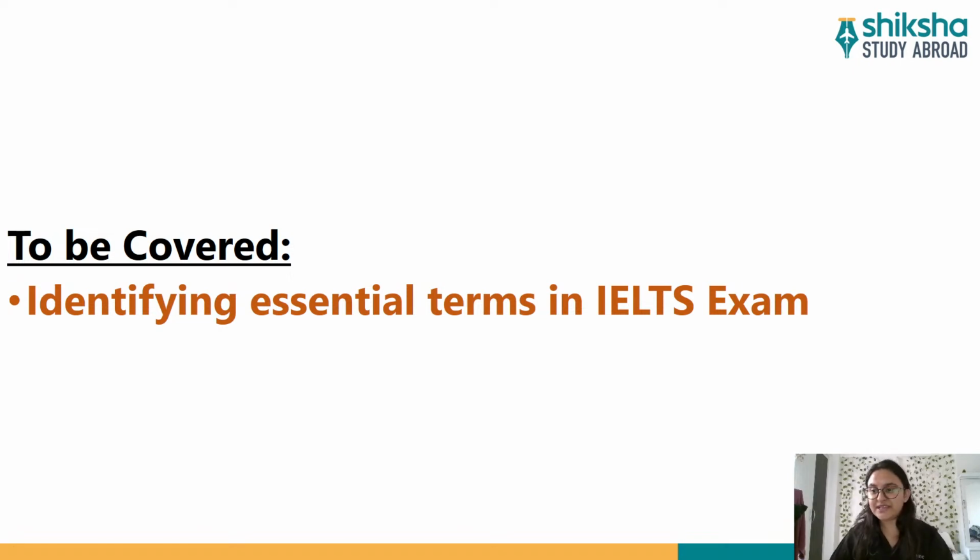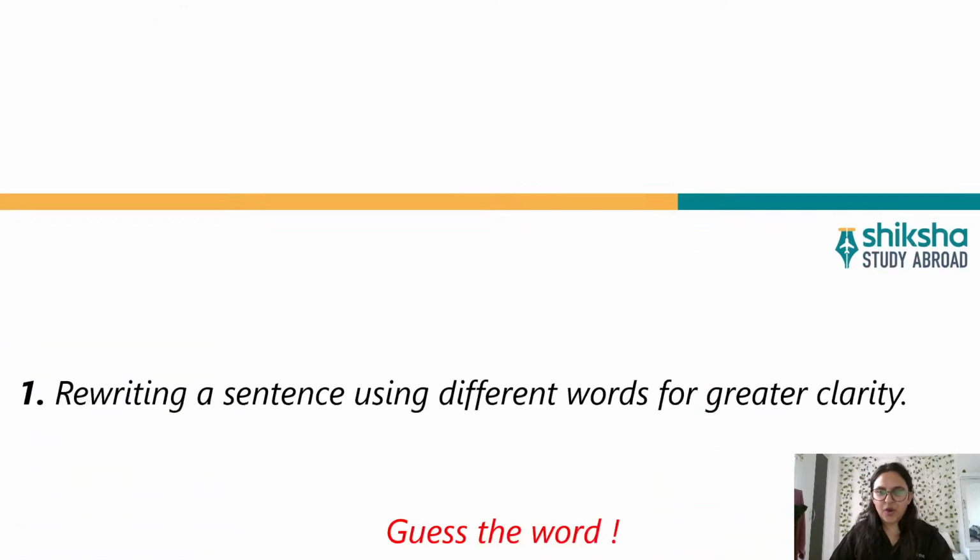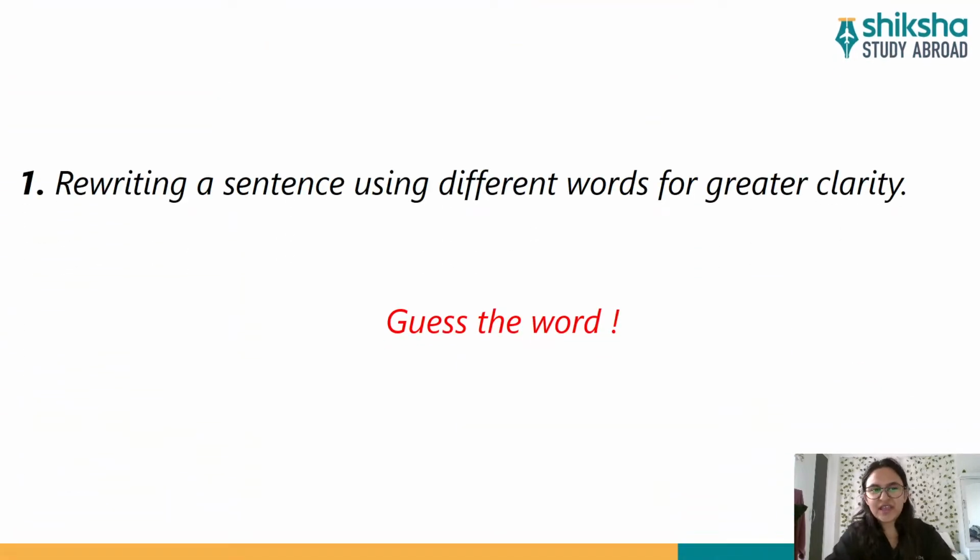Please be very attentive and quickly comment down whatever you think is the answer as soon as you read the question. The first question is: rewriting a sentence using different words for greater clarity. You have to guess the word.